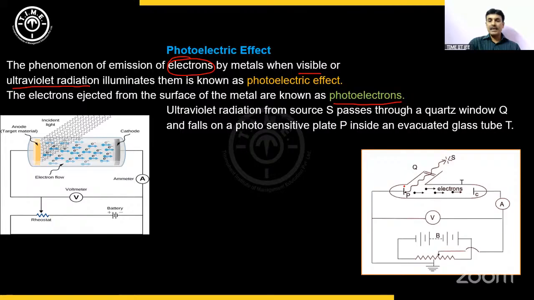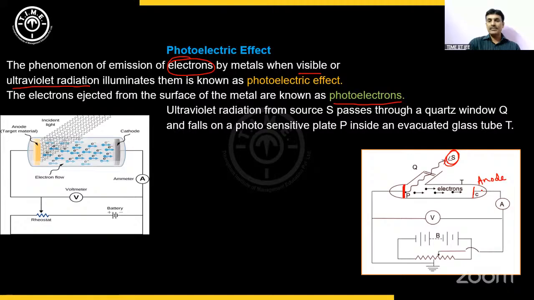Here is a metal plate which emits the electrons. The source of radiation: radiation falls on the metal plate passing through a quartz window. Then the metal plate releases the electrons. These electrons are collected at this plate C, nothing but the collecting anode.